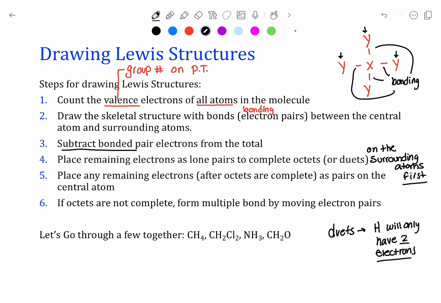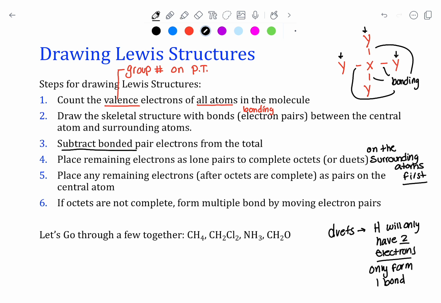Okay, so hydrogen will typically only form 1 bond. And this is just because hydrogen only has 1 proton, so it can't balance out a full octet of 8 electrons when it only has 1 proton. That would be far too negative for it, and those electrons would just repel each other and wouldn't balance well with the 1 proton. So hydrogen will only have 2 electrons shared with it.